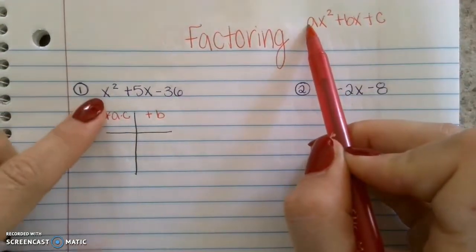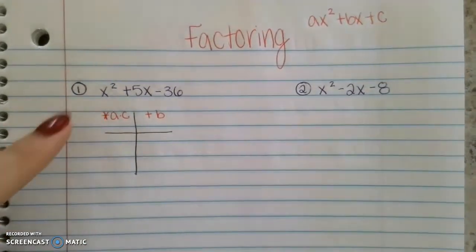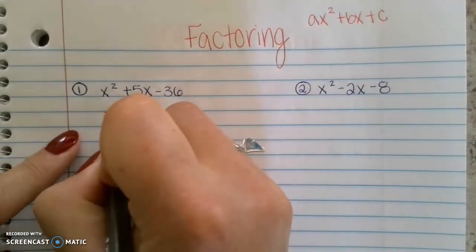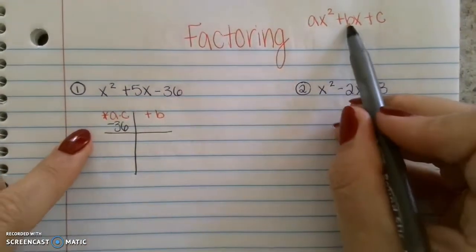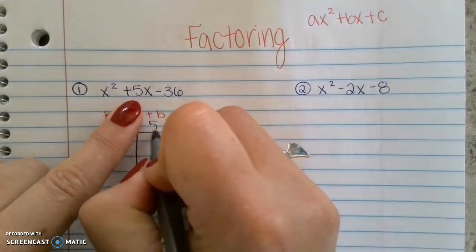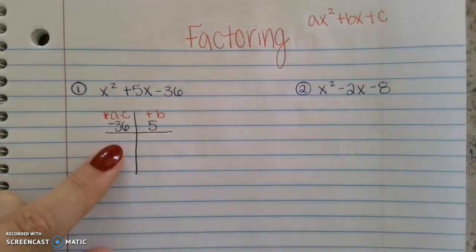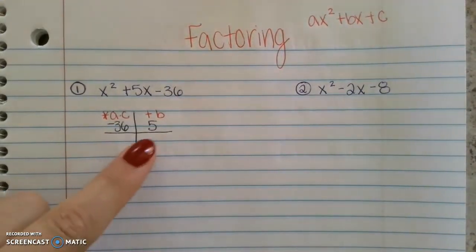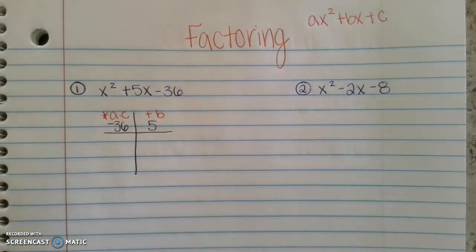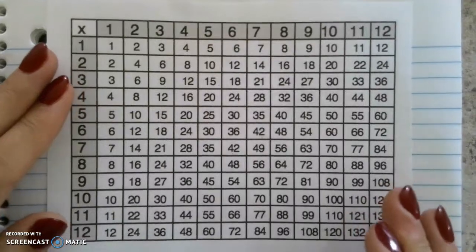So A is with my x squared term, 1 times C, so I'm multiplying to get negative 36. And I'm adding to get my B term, which is with my x. I'm adding to get 5. So I want to think through what multiplies to get negative 36 and also adds to get 5. Here again, this multiplication chart might be helpful for you.